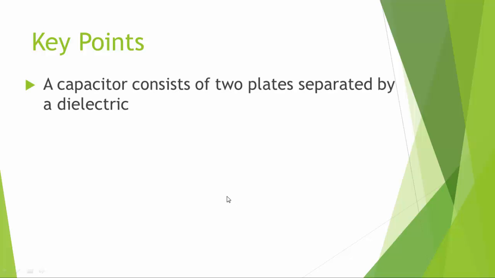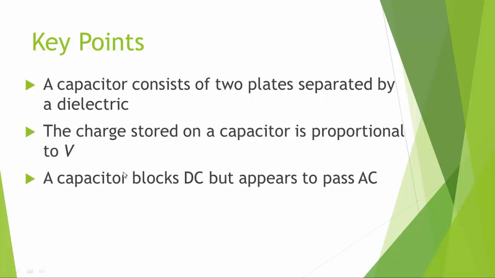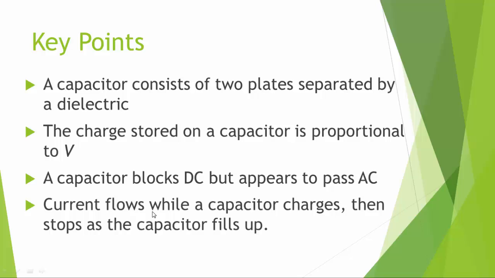So what are our key points? A capacitor is 2 plates separated by a non-conductive material. The charge we can store in a capacitor is proportional to the voltage that's applied and its capacitance, measured in farads. A capacitor will block DC after the first initial current charges the capacitor, but it appears to allow alternating current to pass through it.